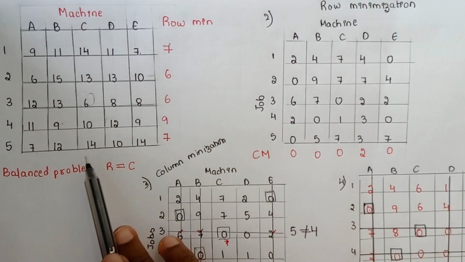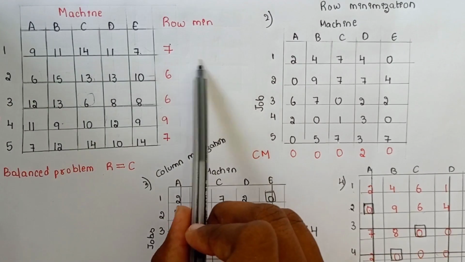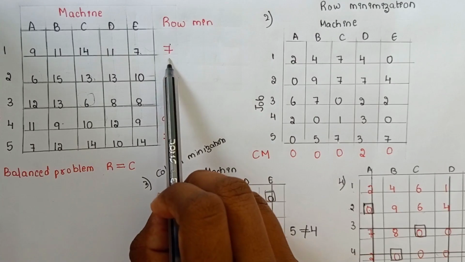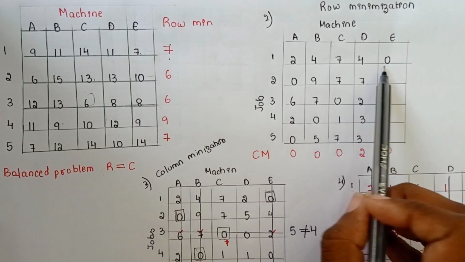First, you have to identify the minimum row values, the minimum values in each row. After that, you have to deduct it.